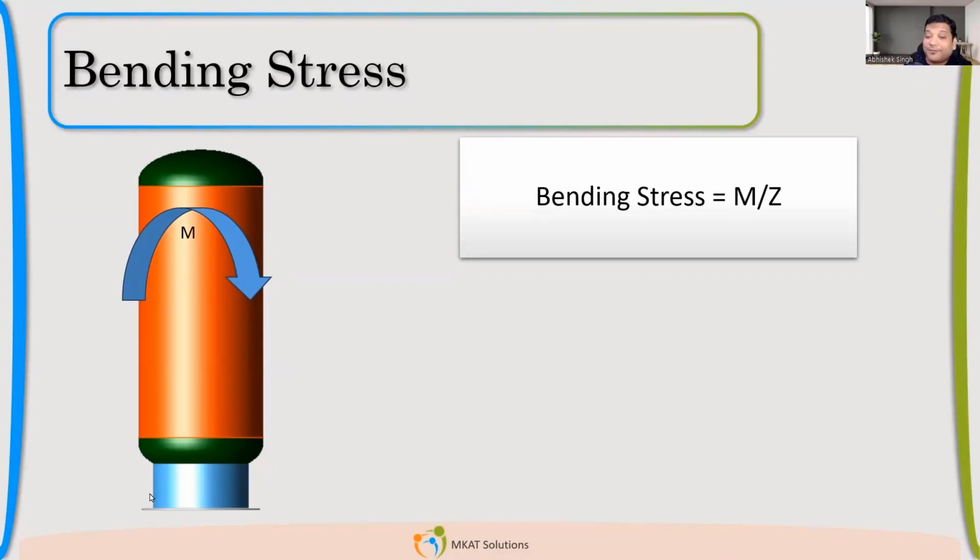So now, if you consider this portion, okay, wind is flowing like this in this direction. Okay. So there is a moment like whatever we have indicated. So this side, there will be tension and this side, there will be compression.